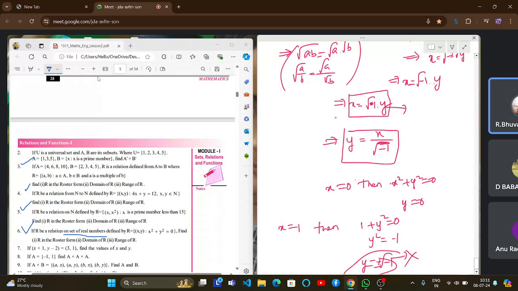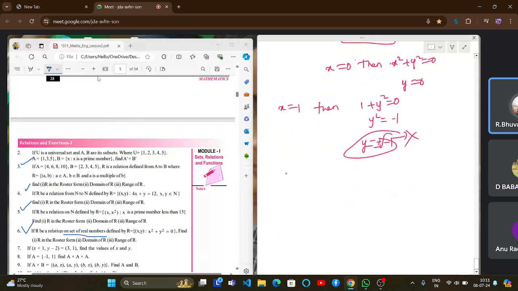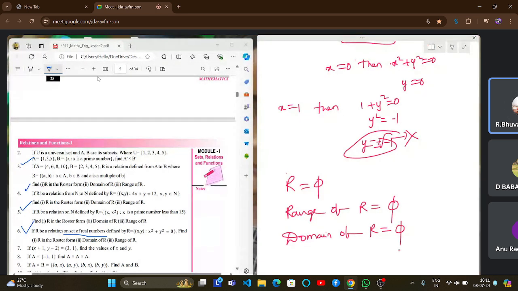But here we got an irrational form. That's why this relation set, roster set is empty, and range of given R is also empty. So domain of R also empty. Okay, so roster is also empty set.